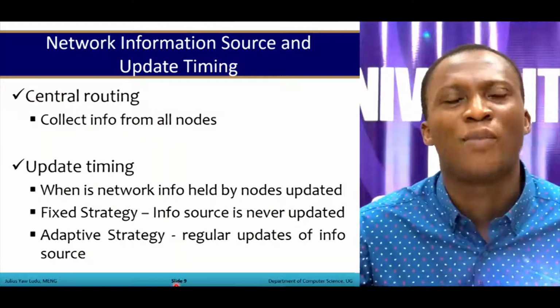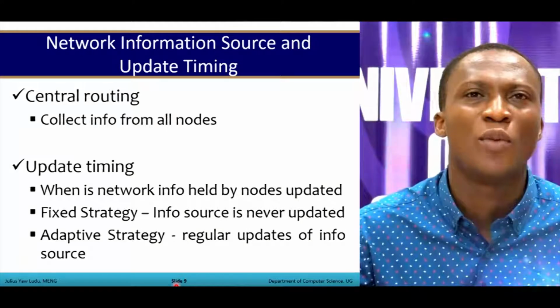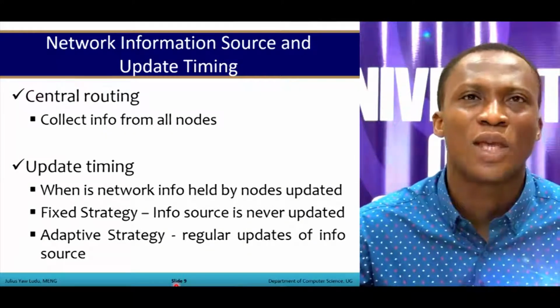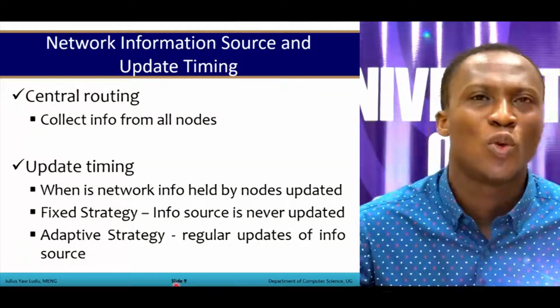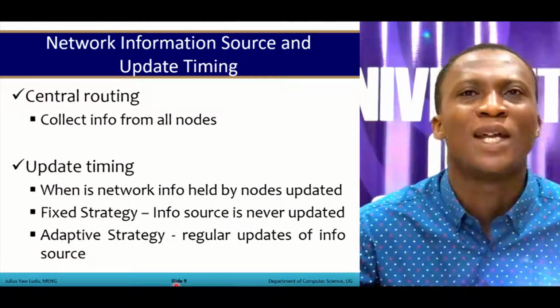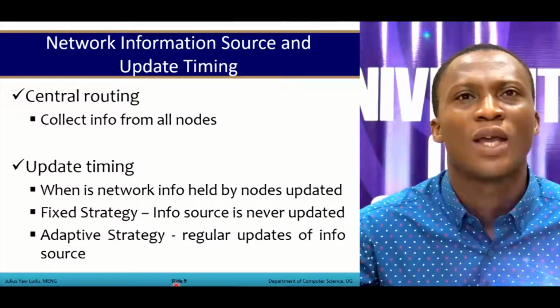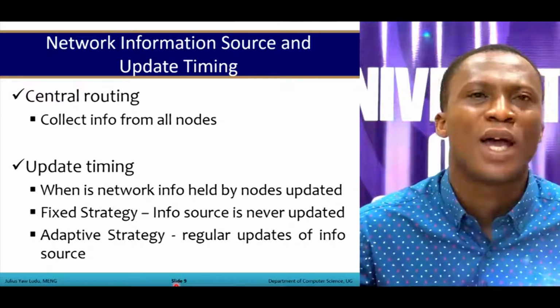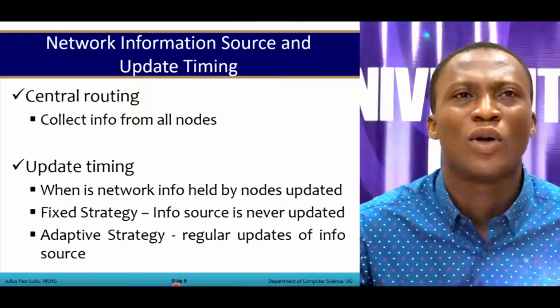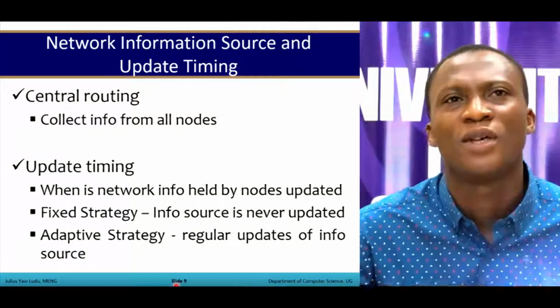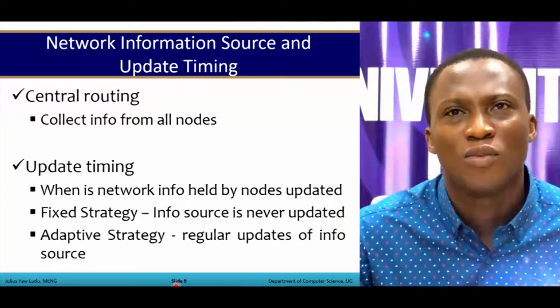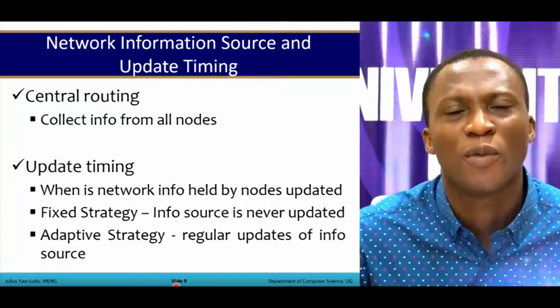Next time I need to update the routing table and tell it that, okay, it will cost me, or I'll waste time using 37. So let me go through probably another route. And this, I update the routing table based on my current situation. And that is the adaptive strategy. It has regular updates of information source.